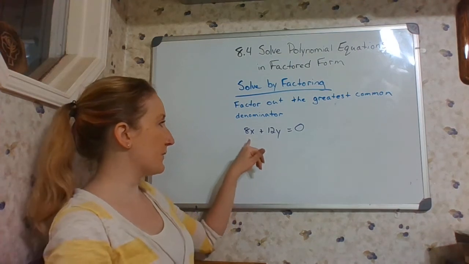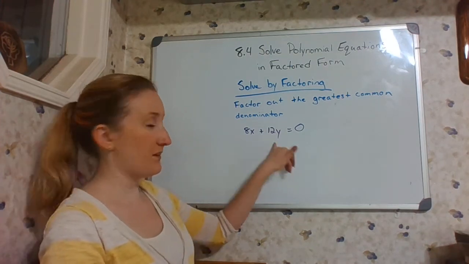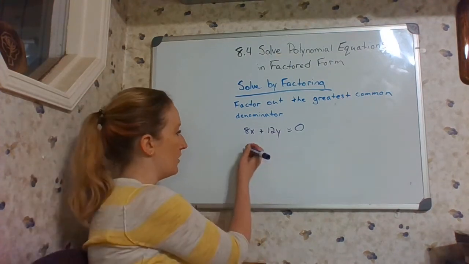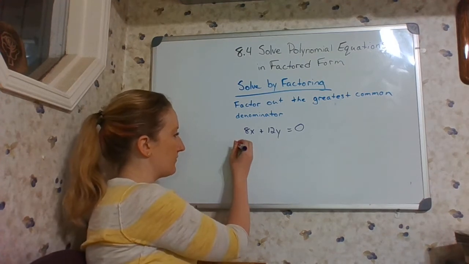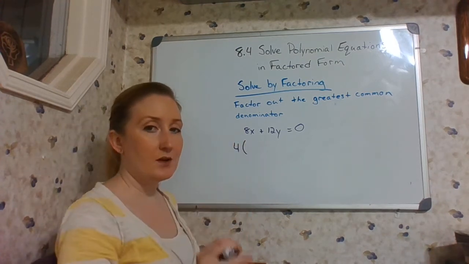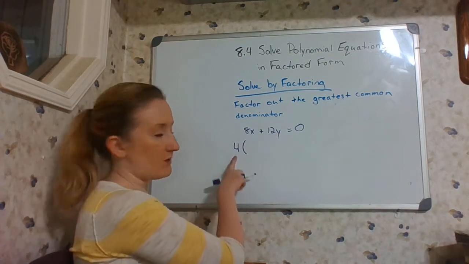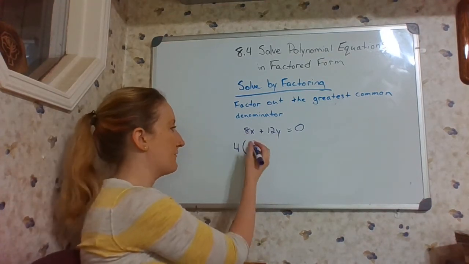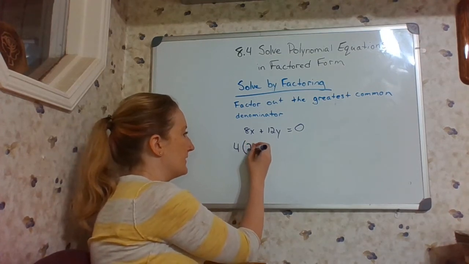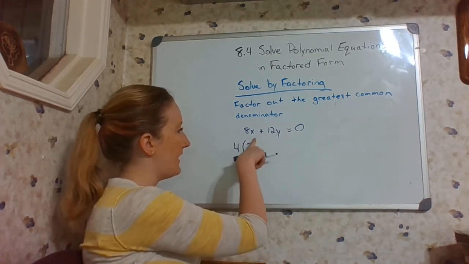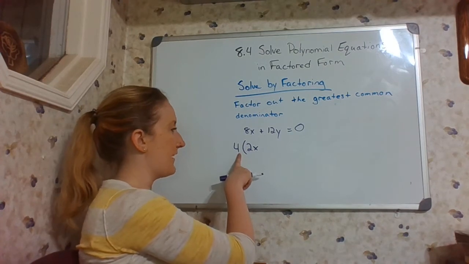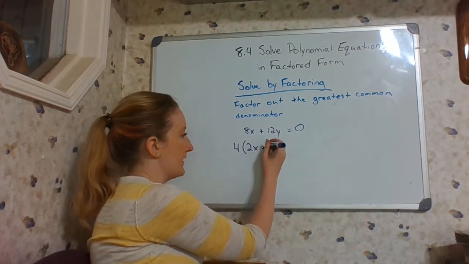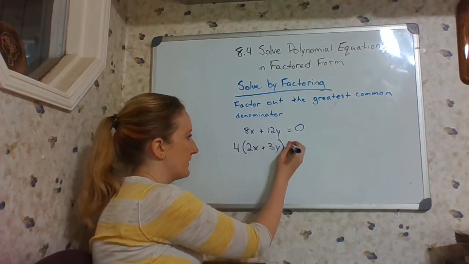So we're going to divide 8 by 4 and divide 12 by 4. We're taking our 4 and pulling it out to the front. It doesn't go away; even though we're dividing by it, the 4 stays here, okay? And so 8x divided by 4 is 2x, and 12y divided by 4 is going to be 3y.